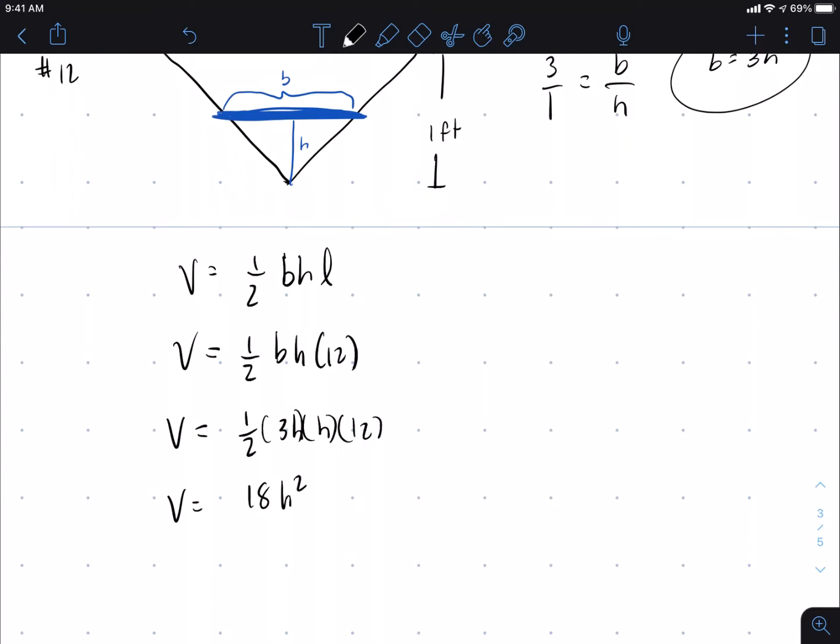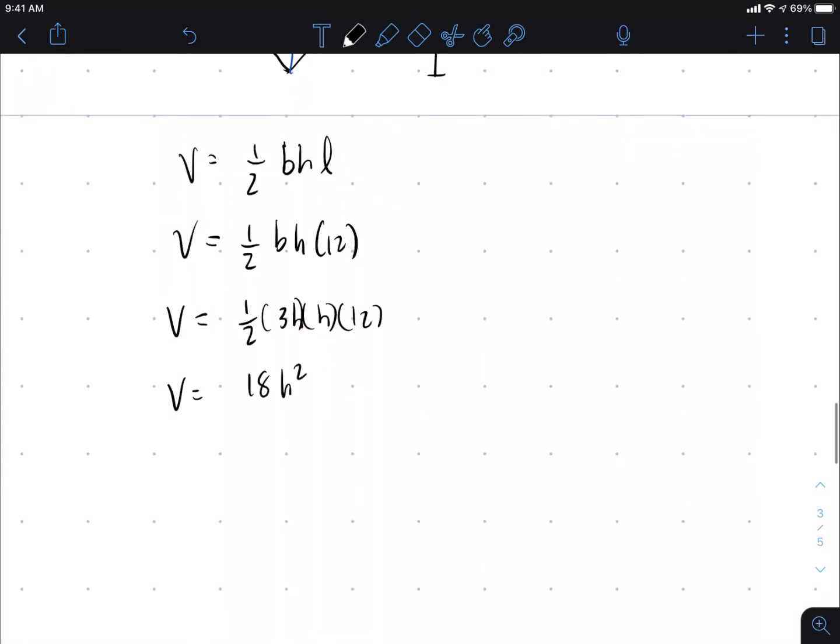Okay. I'm trying to get to your part of the question. And then this piece says, when you take the derivative, for my problem, 14 was my volume.